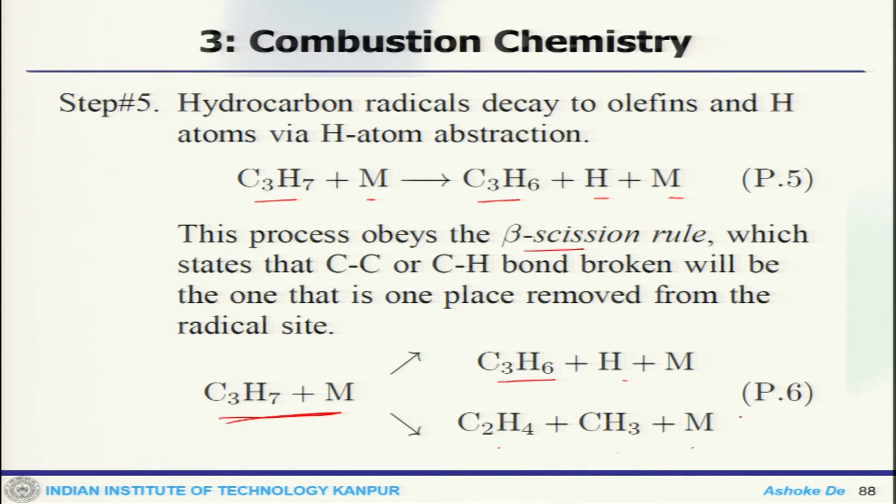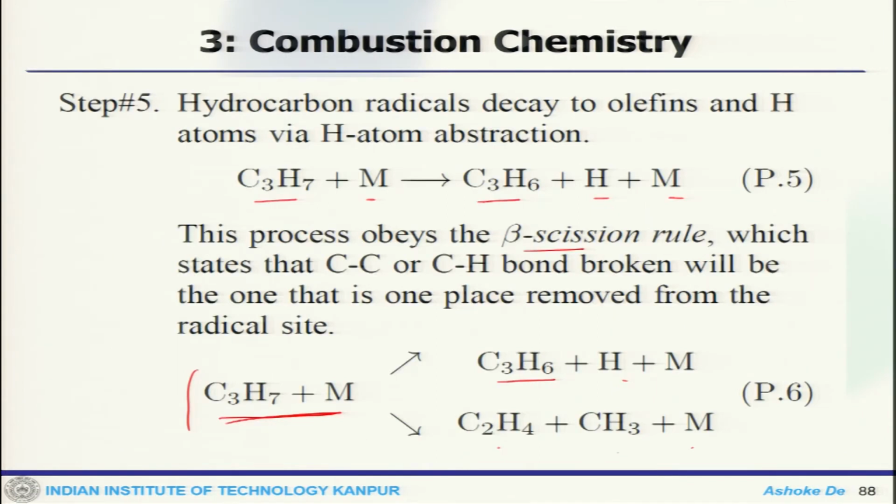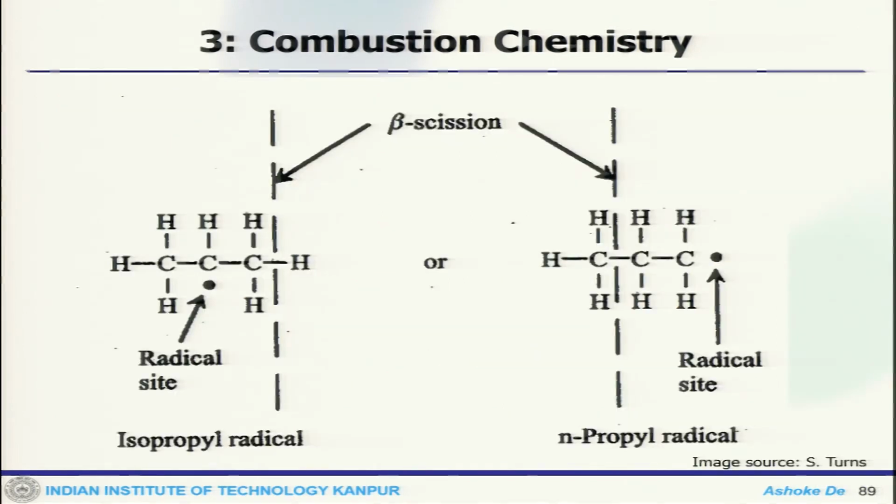So, these CC and CH bonds are broken to form the olefin. If you look at the image we just discussed, as per step 5 and the beta scission rule, you can see what happened.